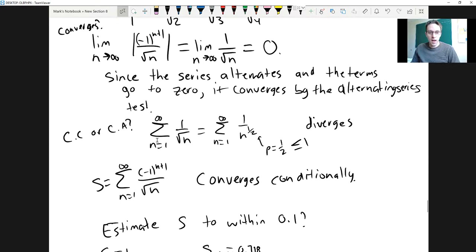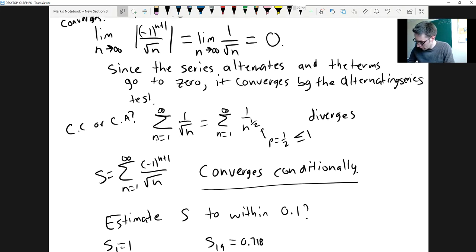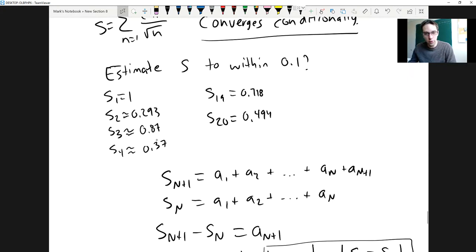Next, we checked for absolute convergence by looking to see what would happen if we just made all of the terms positive. And in this case, we saw that we had a p-series and it did not converge when the terms were positive, and so we concluded that we had conditional convergence. And then lastly, we wanted to estimate our series to within a particular threshold, 0.1.